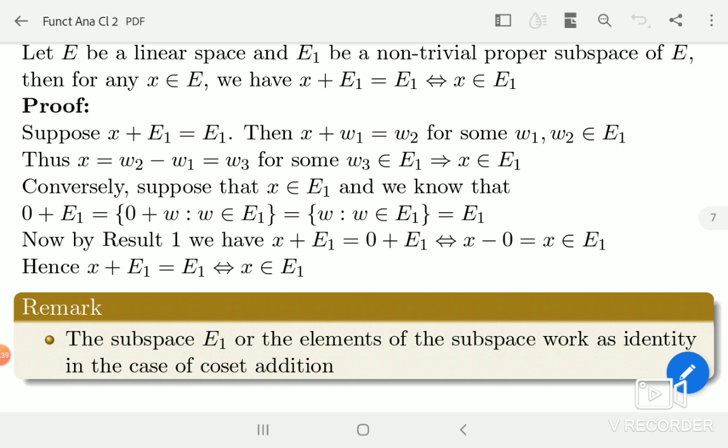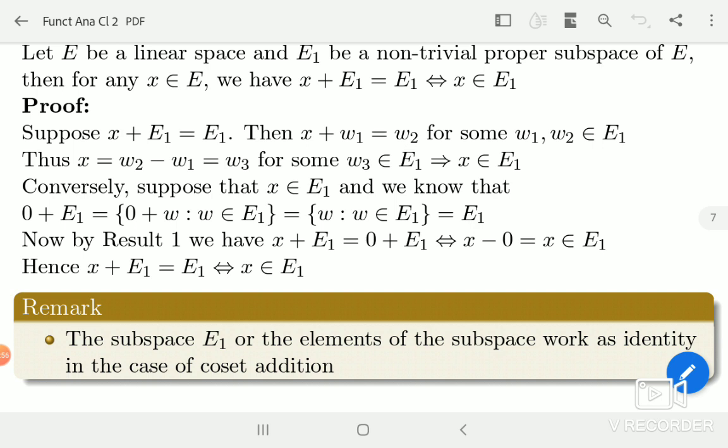Conversely, suppose that x is in E1. Then we know that the coset 0 plus E1 is equal to the set of all 0 plus W, where W is an element of E1. So that is the set of all W such that W is an element of E1, that is E1 itself.